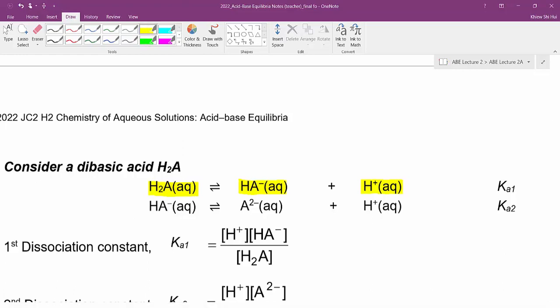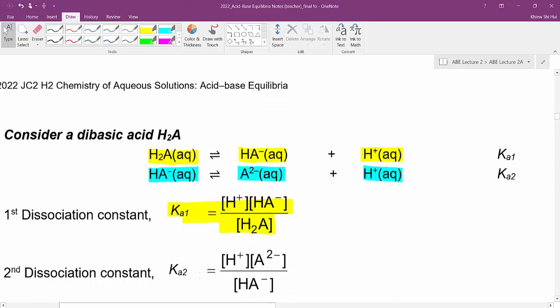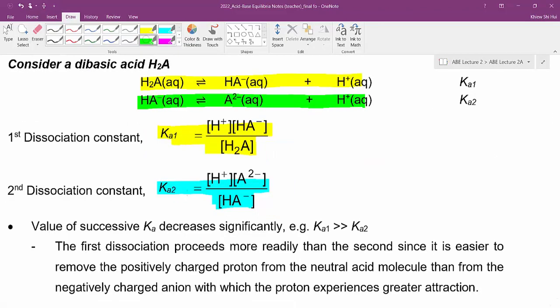And from your earlier knowledge of how the acid dissociation constant is being written, this is the expression for Ka1. The HA- can undergo a second dissociation to lose the second H+ to form A2-, and again, applying what you have learned earlier on about writing the acid dissociation constant, this is how Ka2 is expressed.